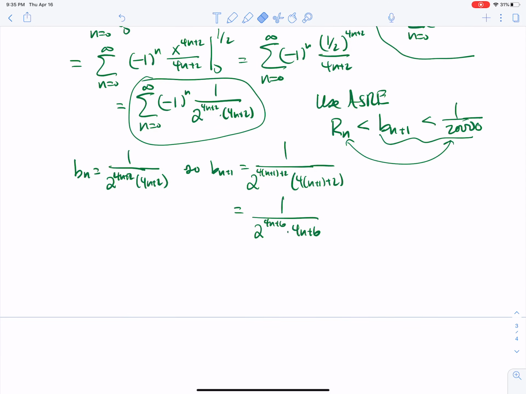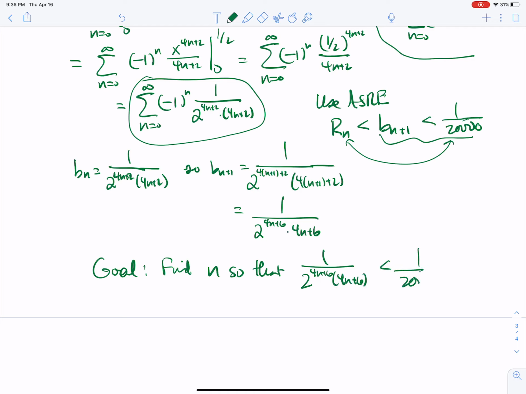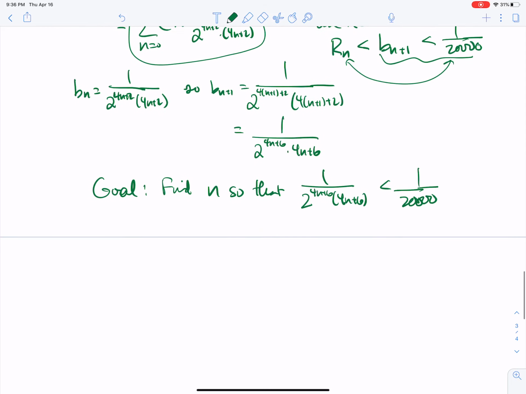And so my goal then is to find n so that 1 over 2 to the 4n plus 6 times 4n plus 6 is less than 1/20,000th. But I can take reciprocals here. I'm a much bigger fan of trying to make numbers bigger than a number. So I can say, make 2 to the 4n plus 6 times 4n plus 6 bigger than 20,000.